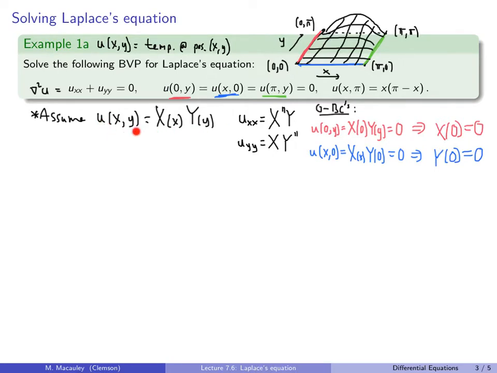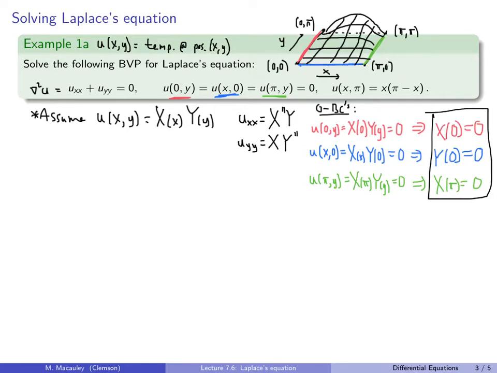Well, we know it's not 0 because this graph is not 0. Okay, so finally, this last one. Let's see if this actually comes out in green. I haven't used green much in these lectures, but u of pi, y equals X of pi times Y of y, and that's equal to 0. That tells us that X of pi equals 0. So these are our zero boundary conditions that we will use shortly.